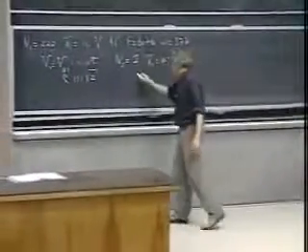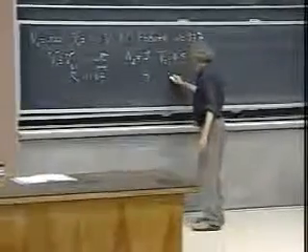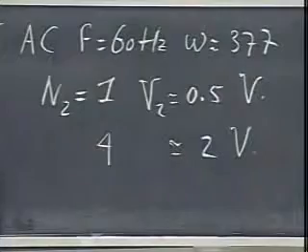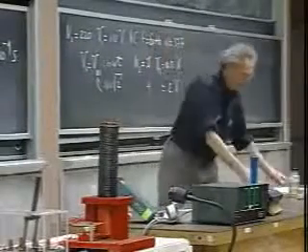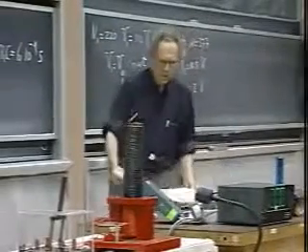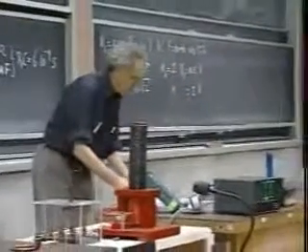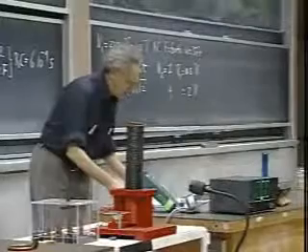And then I will put 4 windings around, and then you expect about 2 volts. And you will see it right in front of you. This is where you're supposed to see the reading. I can't see it, but I have to trust you when you give me those values.